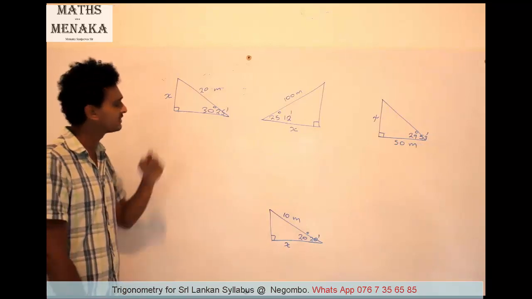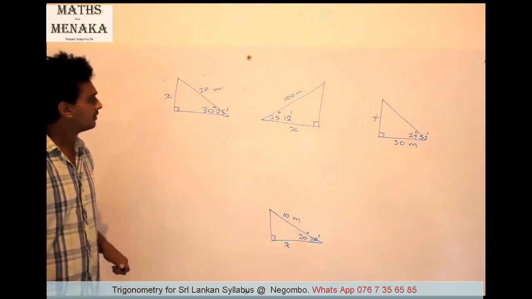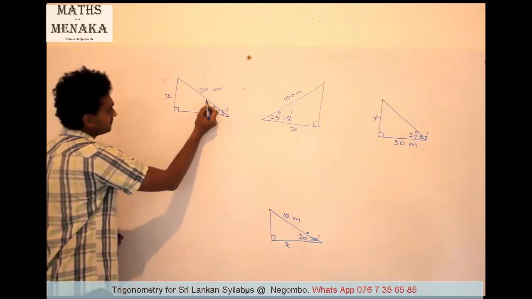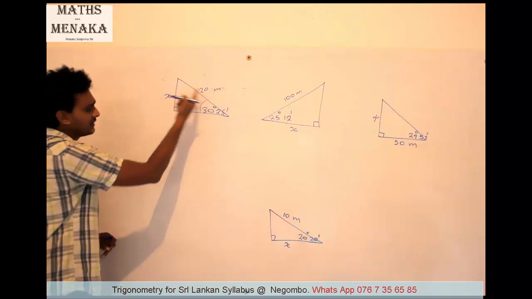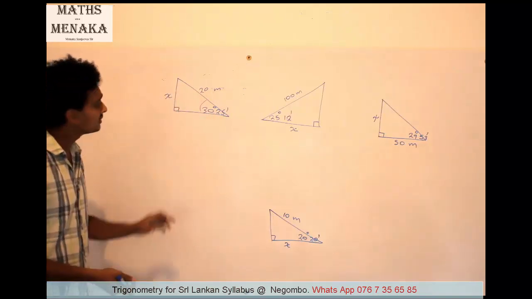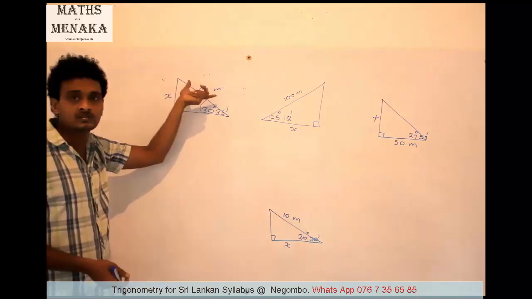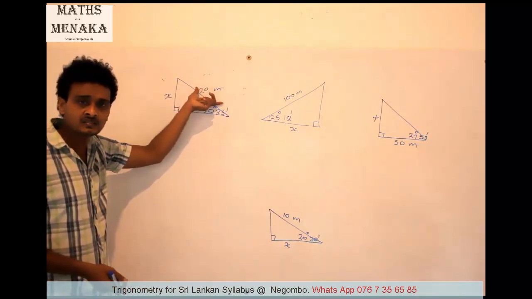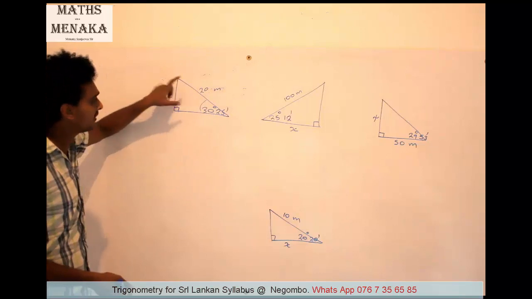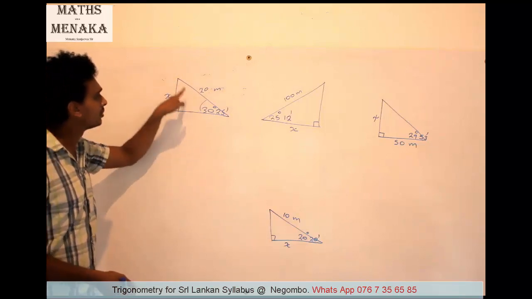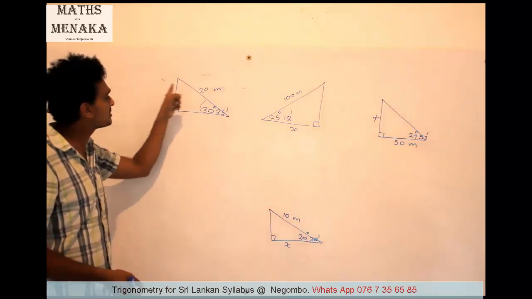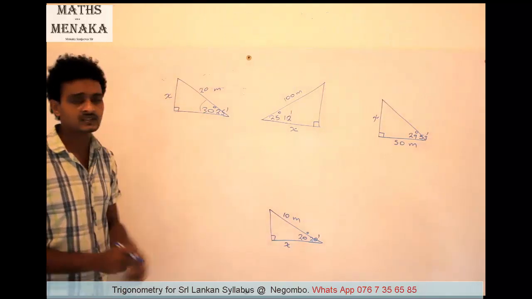Okay, let's go to the first one. When the angle is given, you have to name the two sides: the side whose length you want to find and the side whose length is given. Name these two sides using the angle.